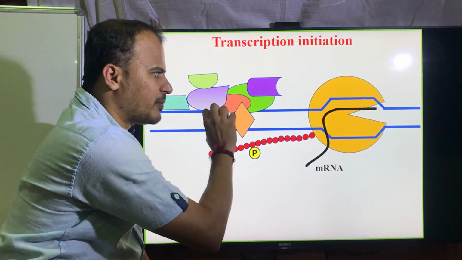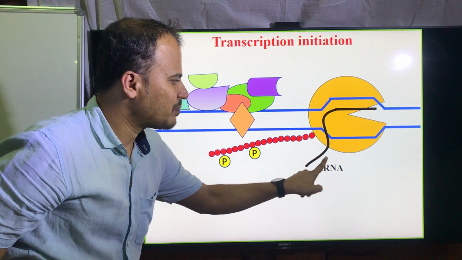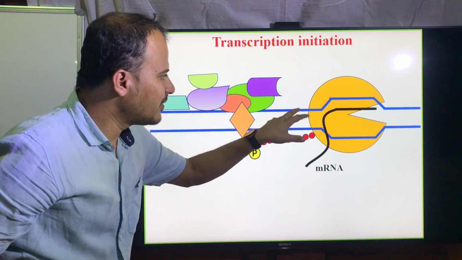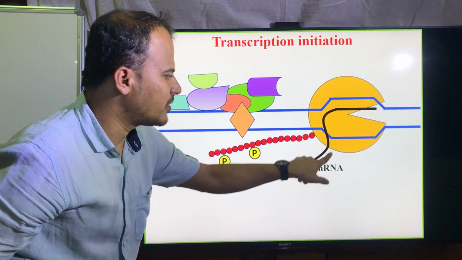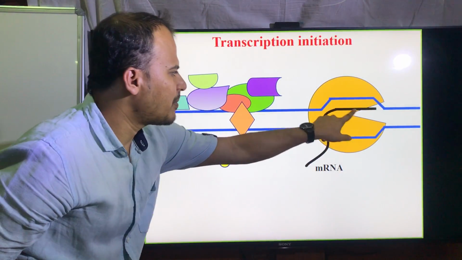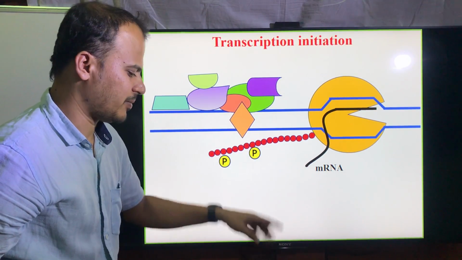The RNA polymerase moves simultaneously, transcribing the information present in the DNA strand in the form of mRNA. The mRNA is hanging out of the transcription bubble.